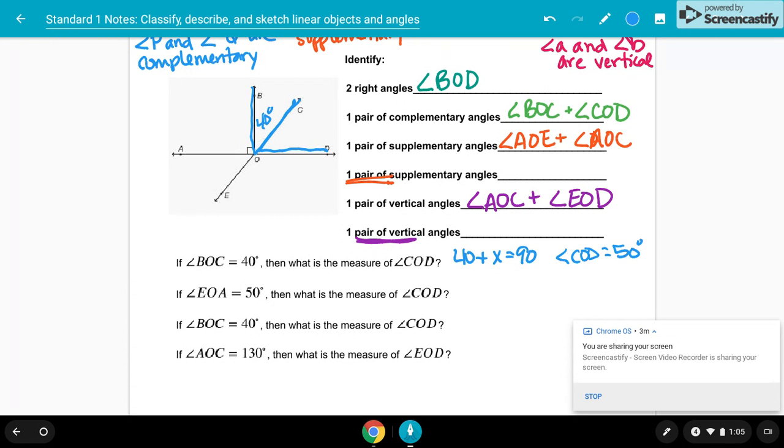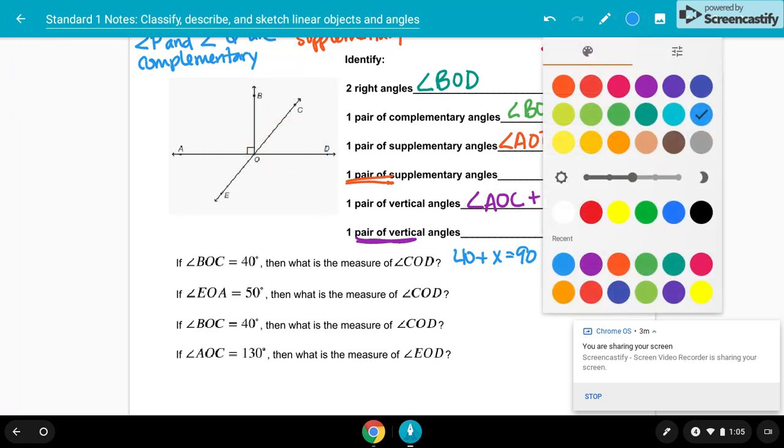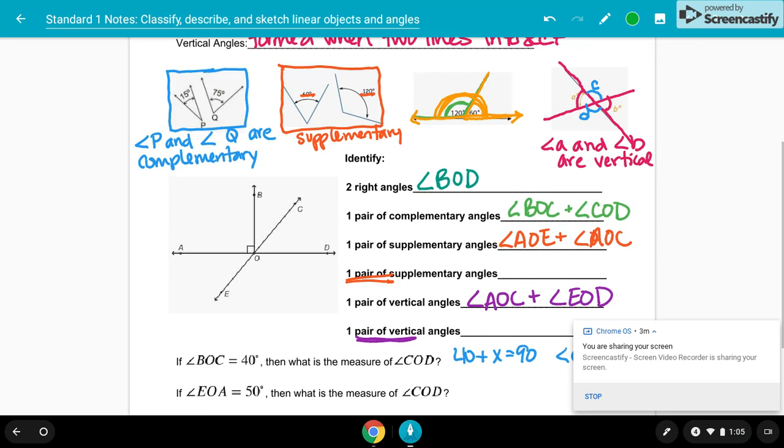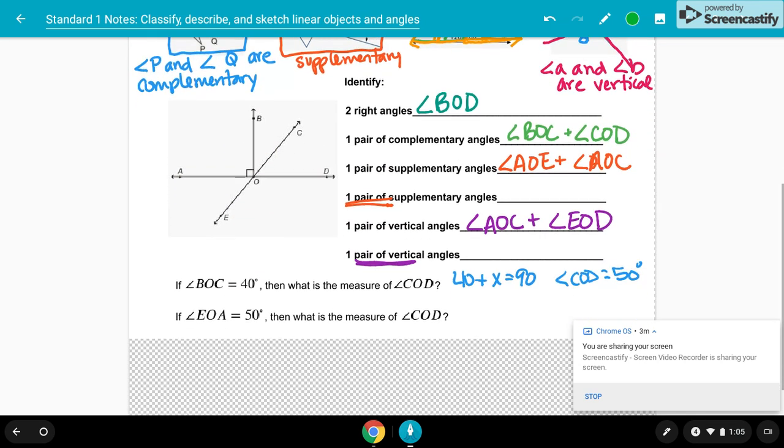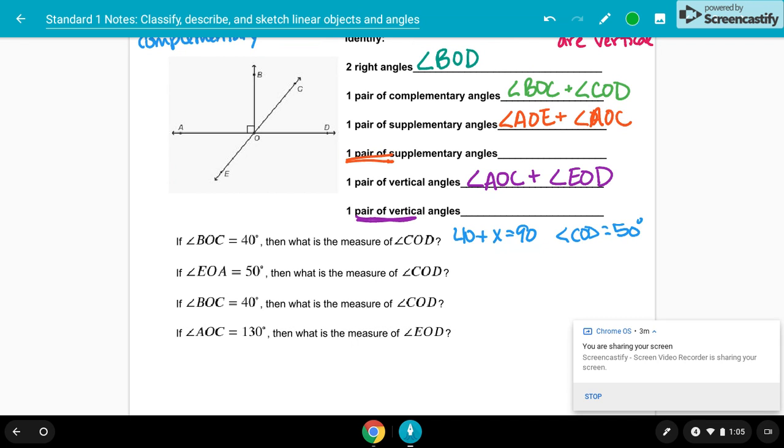If EOA equals 50 degrees, then what is COD? So EOA is 50. And now we're looking for COD. Well, those aren't complementary or supplementary.